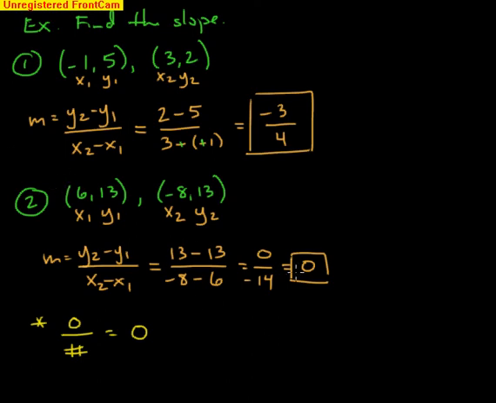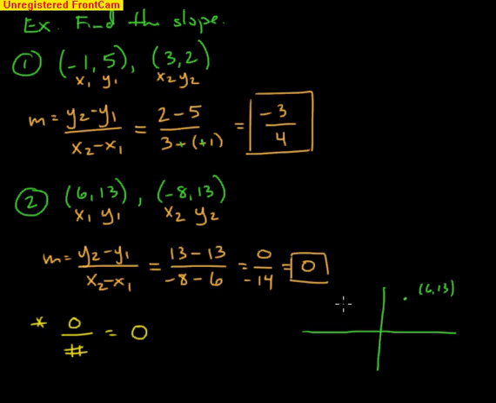So what does that mean? A slope of 0. Well, let's just quickly draw a little picture. I'm just going to estimate where these points are. 6, 13. Just going to estimate. Okay, so it's somewhere 6, 13.